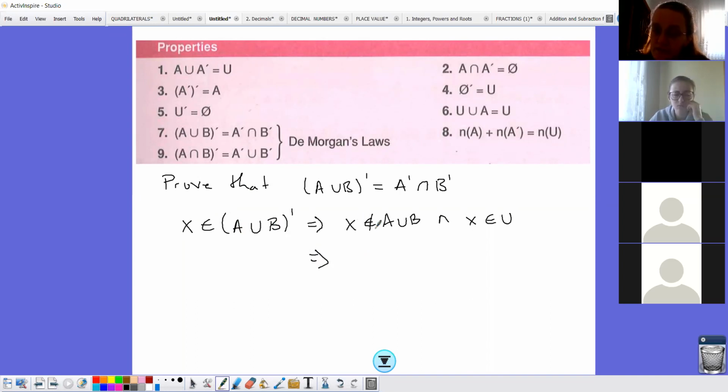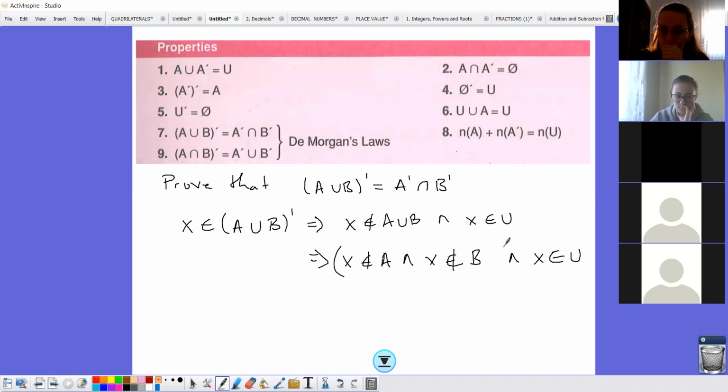Now, if X is not element of A union B, it means that X is not element of A and X is not element of B. And at the same time, X is element of universal set. Yes? Am I right?